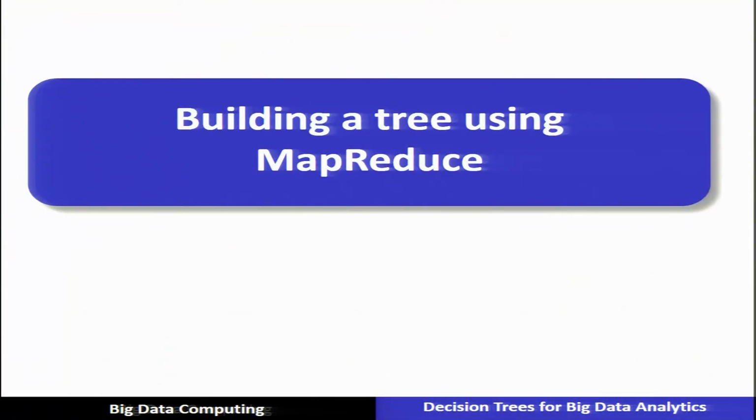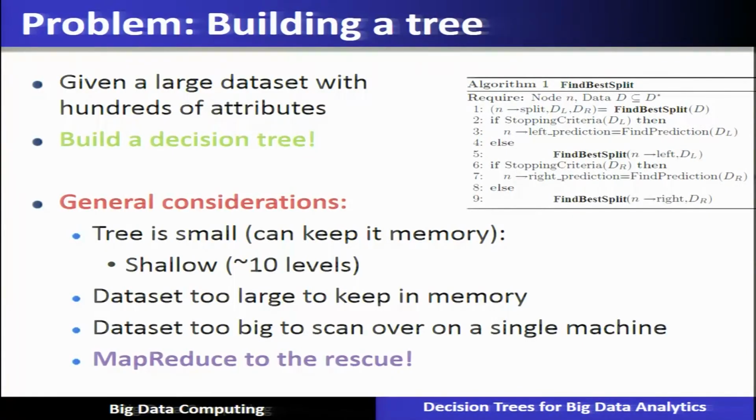Now let us see how to build a tree using MapReduce. MapReduce will be applied for the decision tree algorithm, and we will see the approach and more detail of how MapReduce will be applied in the decision tree, so that big data analytics can be performed with the help of this parallel decision tree implementation.